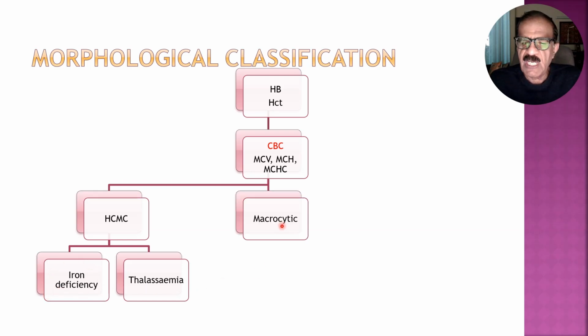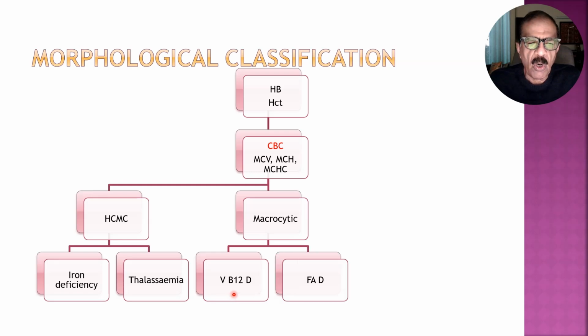Now, if the picture is macrocytic, the patient is already anemic and RBC morphology tells you that the picture is macrocytic, then we have two possibilities, either vitamin B12 deficiency or folic acid deficiency. Now, there are multiple causes of these deficiencies.